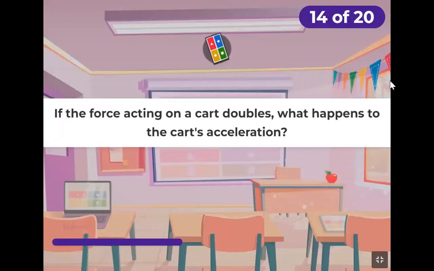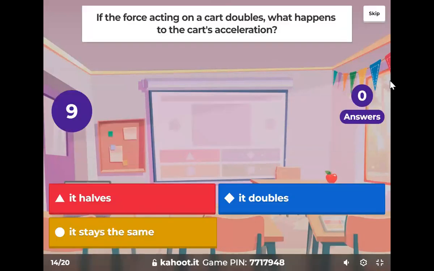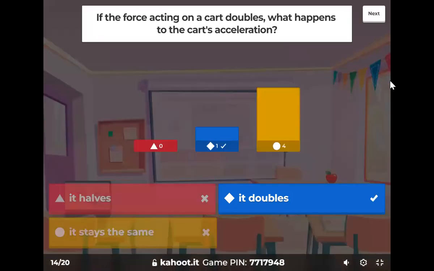If the force acting on a cart doubles, what happens to the cart's acceleration? Oh, somebody got it. Force doubles, the acceleration doubles.